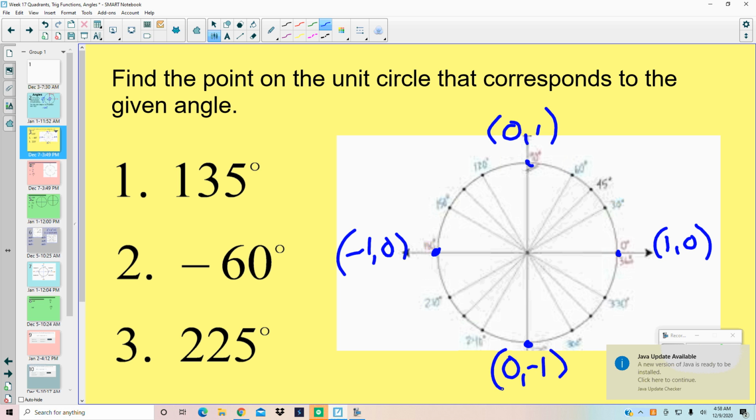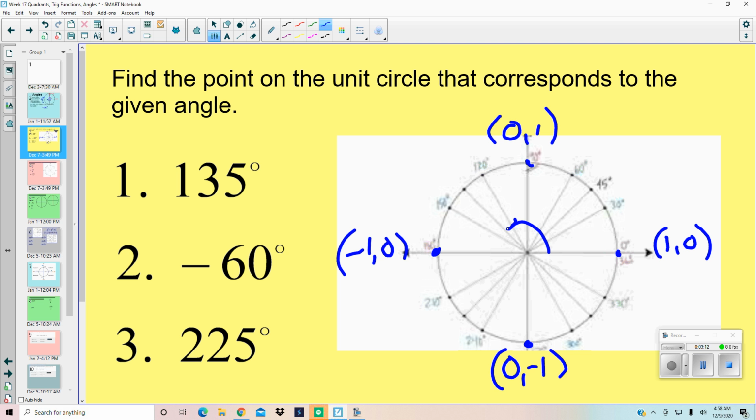So if I'm asked to rotate 135 degrees, you're going to end up right, let me see, 90. So it'll be 90 plus 45 degrees.